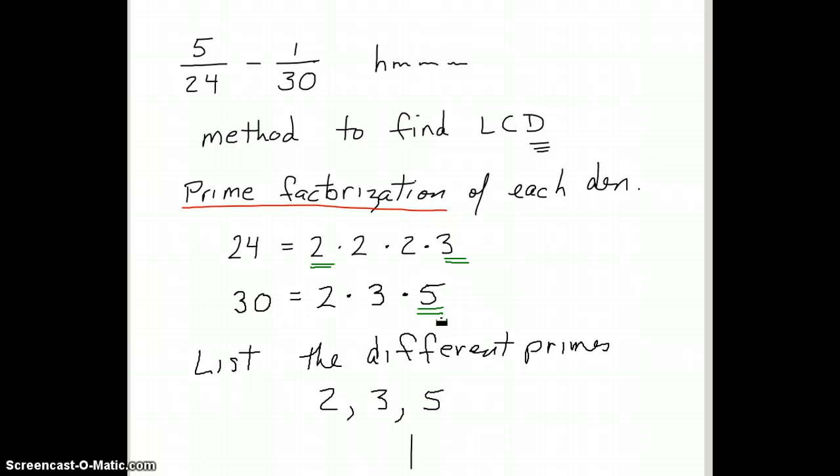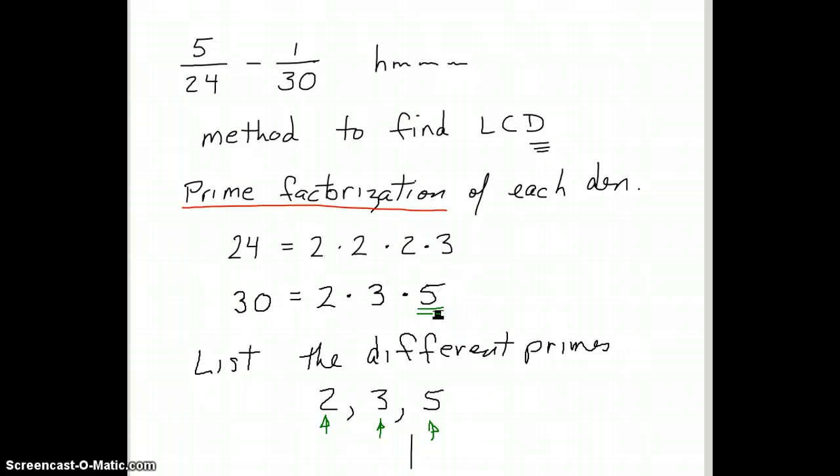So I'll just list those. I know my least common denominator is going to be 2 times 3 times 5. I just don't know how many. What we want to do is take each of these in the list, and determine how many times we're going to use them. And this is how that works.